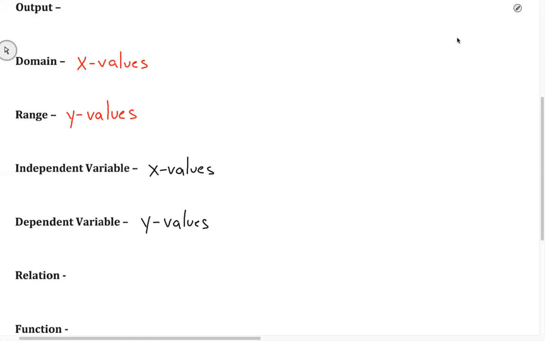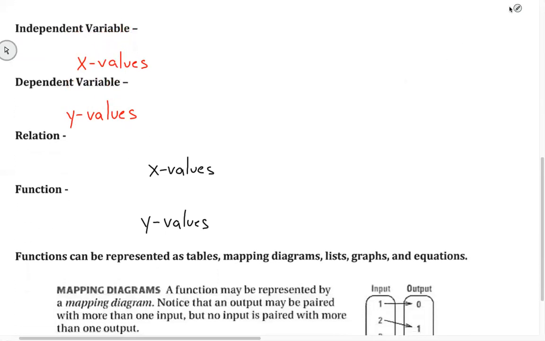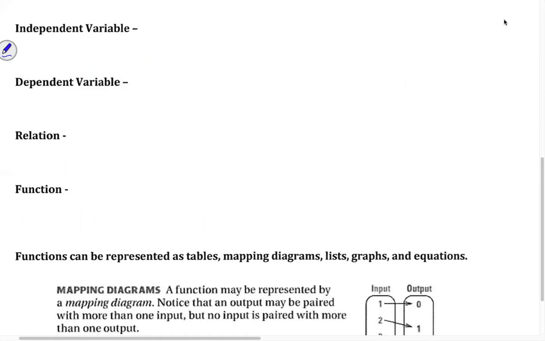Now, the last two don't mean your X variable or your input. They mean something a little different. A relation is a pairing of two things, your inputs and outputs.